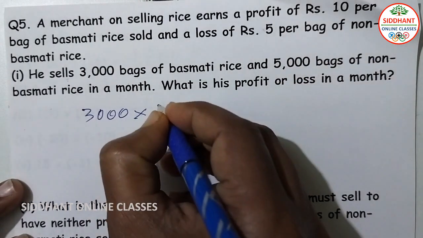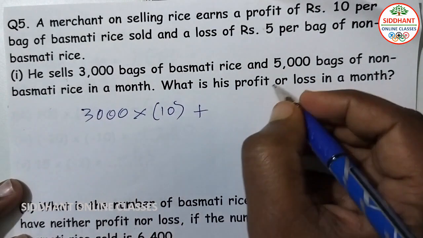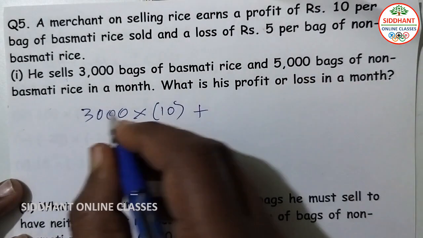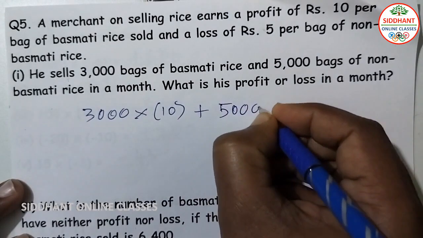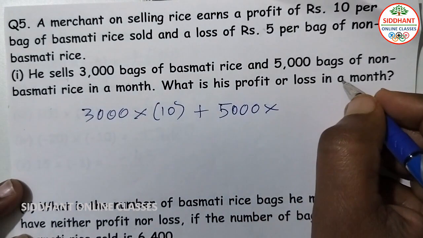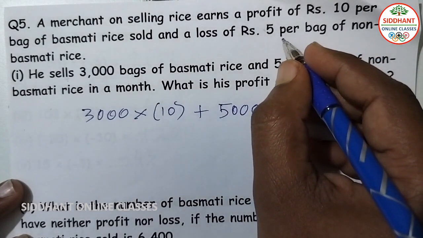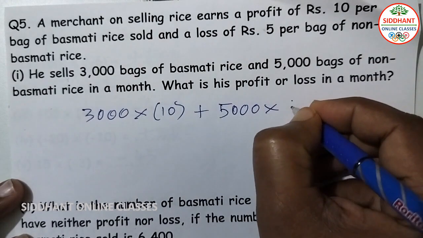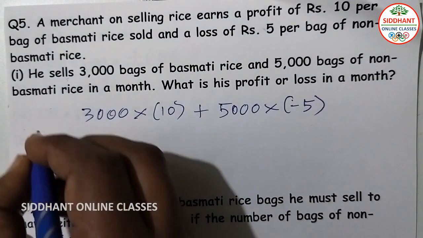So here 3000 into 10, plus 5000 bags of non-basmati rice he sells. So 5000 into, when he sells 5000 bags of non-basmati rice, what is his loss? That will be ₹5. So that means into minus 5, loss it is.